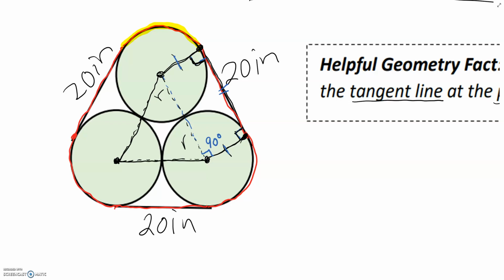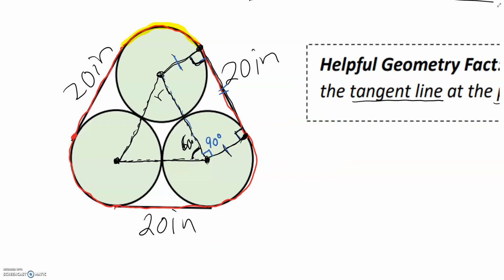That's 2 radii, and this is also 2 radii. So if that's an equilateral triangle, we can say that that angle right there is 60 degrees. Okay, so far we already cut off 150 degrees out of a full rotation of 360 degrees.